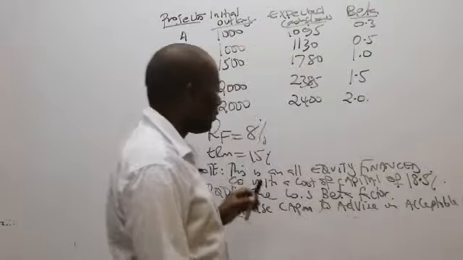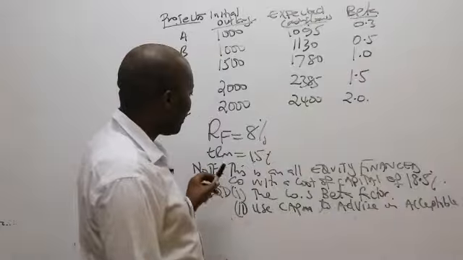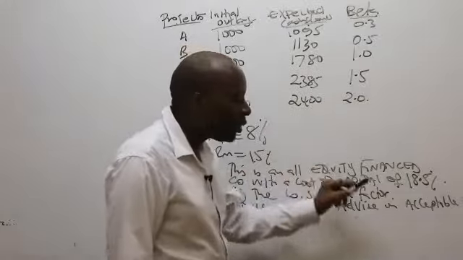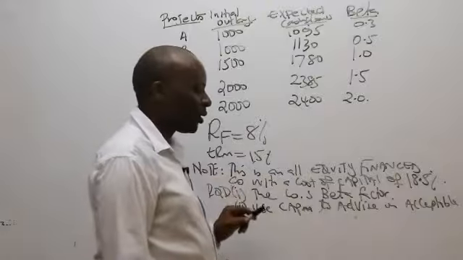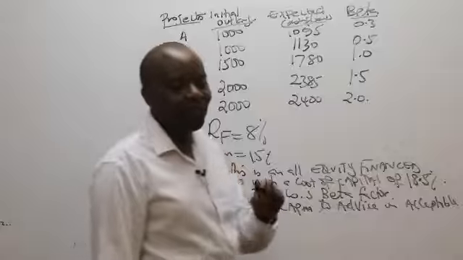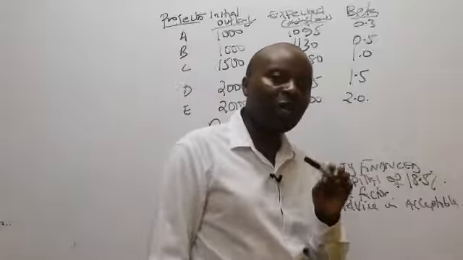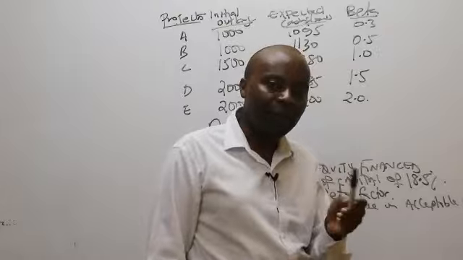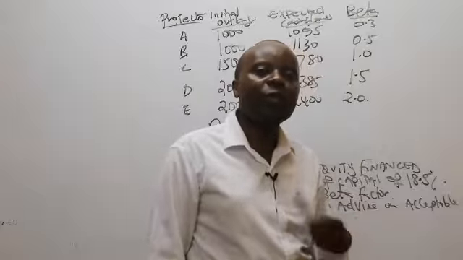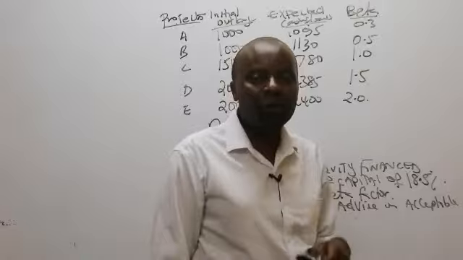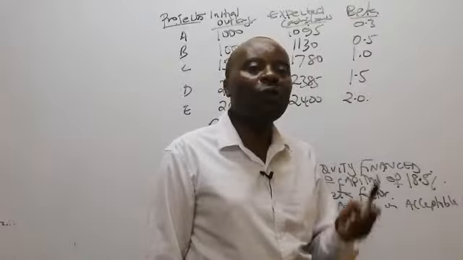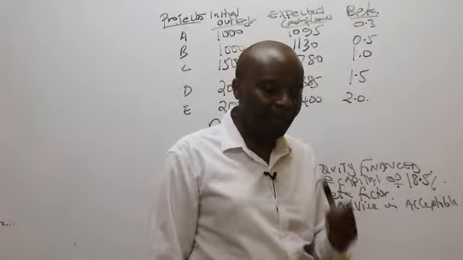Listen, they've given us something very important, that this organization is all equity. Please underline this. It's an all equity financed organization whose cost of capital is 18.5%. Remember, this has been asked severally by examiners. Uses of CAPM. One of the major uses of CAPM, which you must always be thinking about, is ascertainment of the cost of equity of a company.